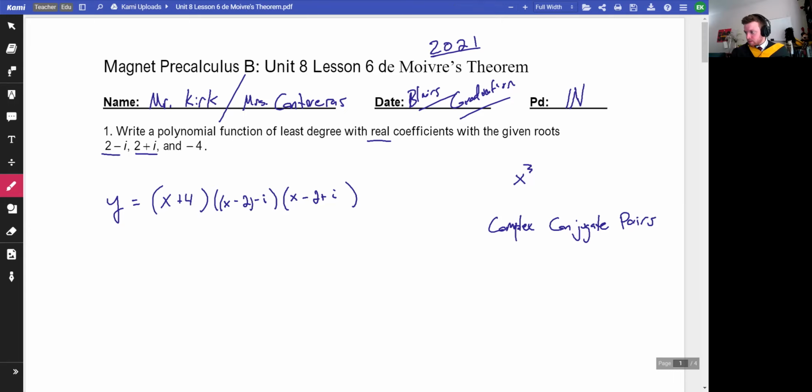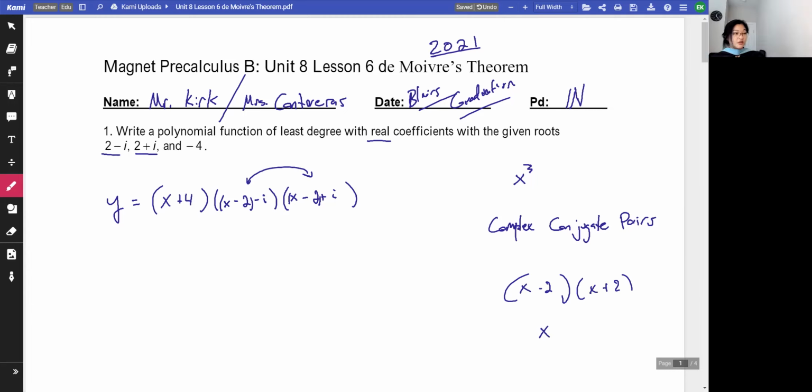We get x minus 2, and then minus i and plus i. What do we call that? Conjugates. Well, if I said x minus 2 times x plus 2 and distributed them, it's similar to a perfect square trinomial, but better: a difference of squares.